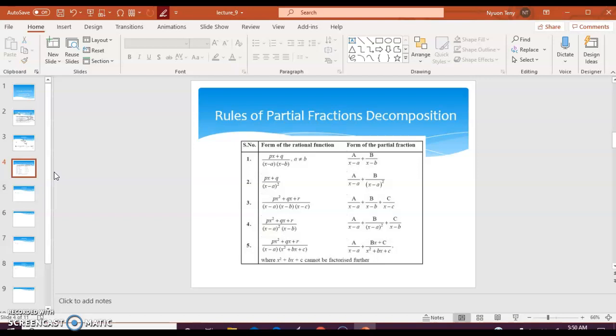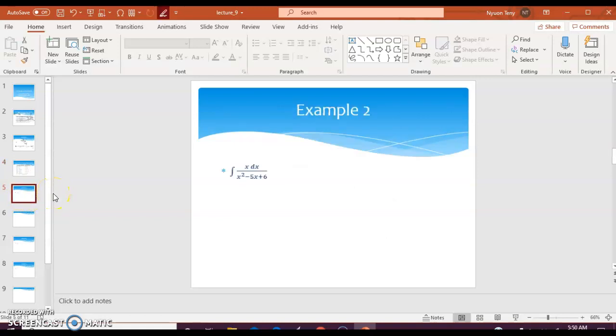And if I have a combination of a repeated root and a distinct linear root, my decomposition will look like that. And if I have an irreducible factor, my decomposition will look something like that. We'll discuss some more in here.